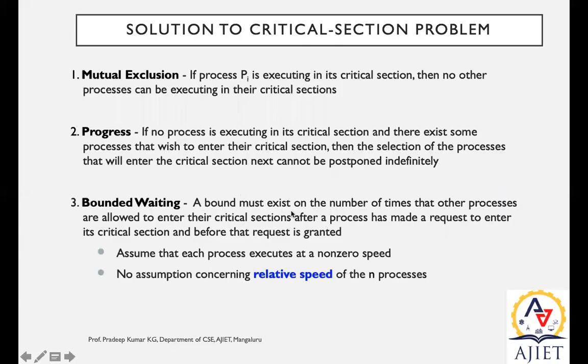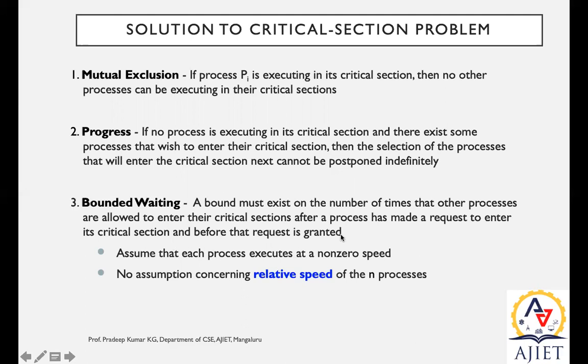A bound must exist on the number of times that other processes are allowed to enter their critical section. The first part we can divide is this bounded waiting: we should have a bound, which is nothing but a counter. We're supposed to make proper counter entries of how many times other processes are allowed to enter their critical sections after a process has made a request to enter its critical section and before that request is granted.